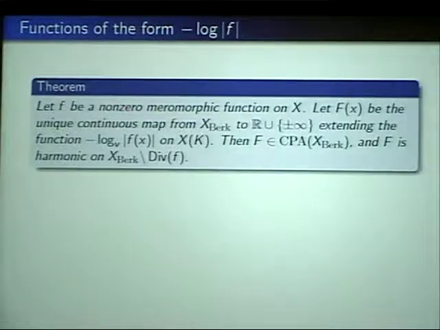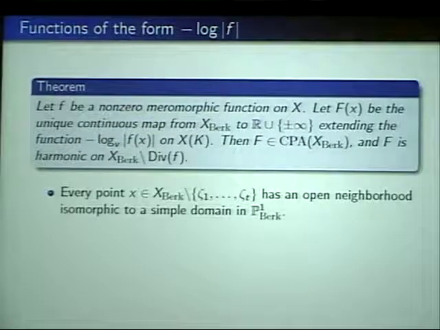And what I want to do is explain what this actually means at these marked points, zeta I, because this actually is saying something interesting. And in fact, that's really the only place where it's saying something that we don't already know, because, as I mentioned, every point other than these marked points has a neighborhood which is a simple domain in P1.